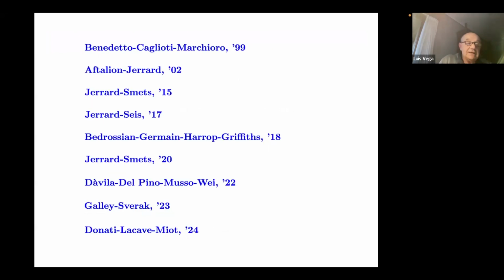I have to say a few words about previous results. It's not just Giga and Miyakawa. There are many results, and you see here just nine of them, but there are many others. I will not insist too much on all of them.